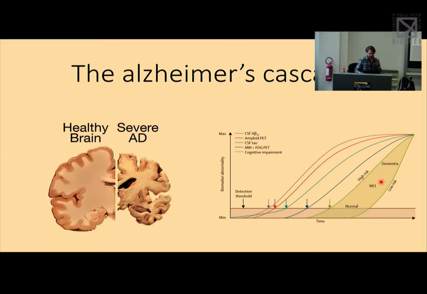And these are the kind of subjects which are called MCI, which means mild cognitive impairment. And with Alzheimer's disease, one telling symptom is short-term memory that starts to reduce. As you can imagine, this is extremely not specific.